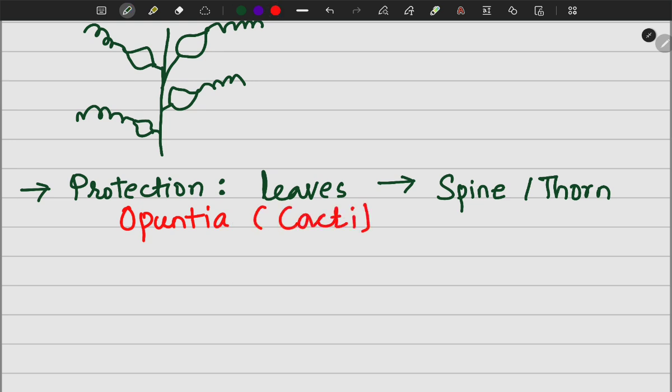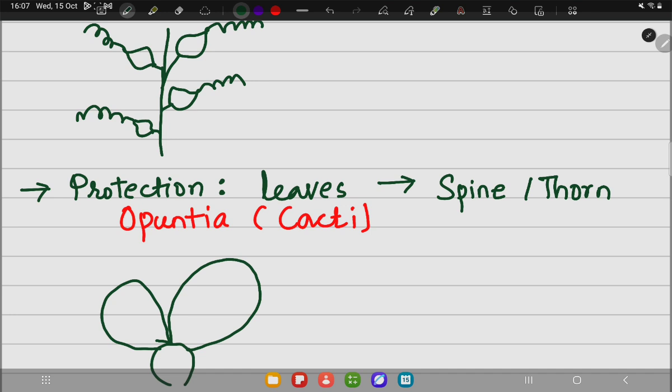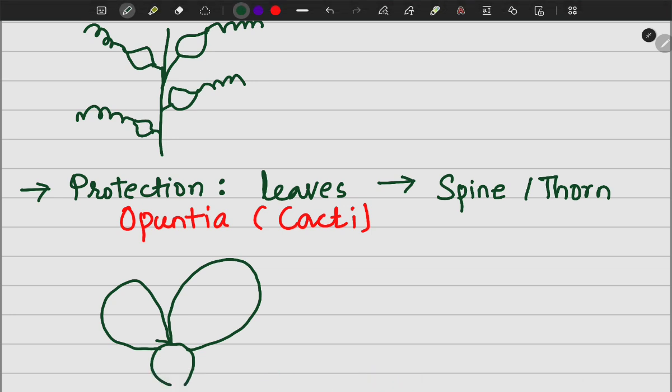We studied that the stem of the cactus flattens and forms a structure like this, and then over this flattened stem, the leaves modify into spines like this, thorns.